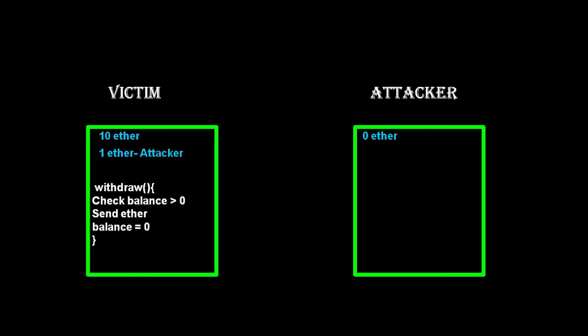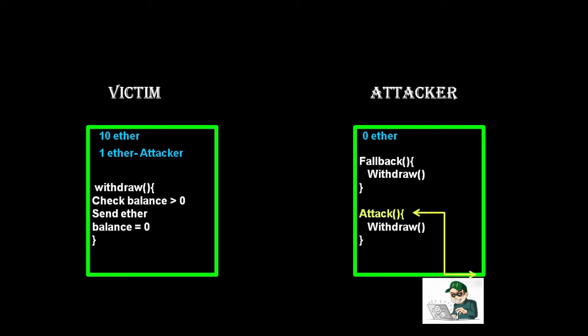Now let's see how contract attacker uses reentrancy to exploit the withdraw function. For this, the contract needs two functions, a fallback function and a function attack. There is a withdraw function under these functions. Now look at how reentrancy works. First the user calls the attack function.